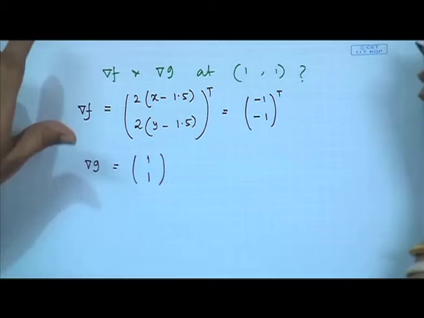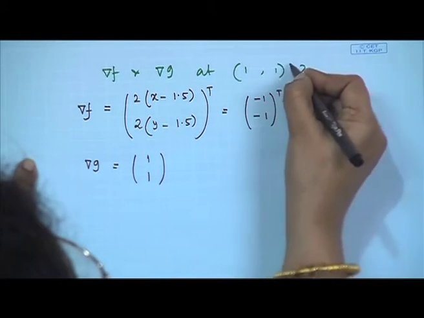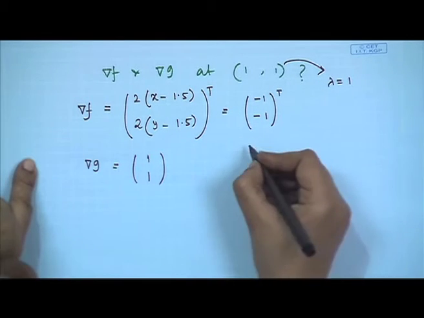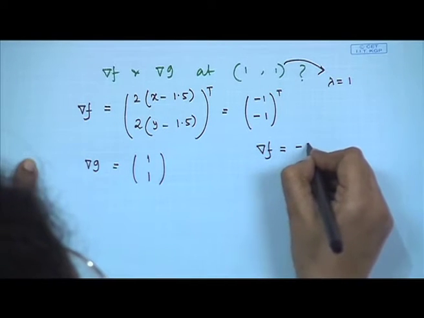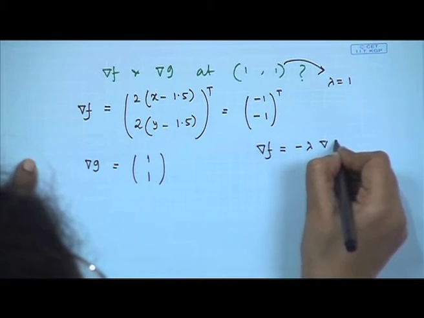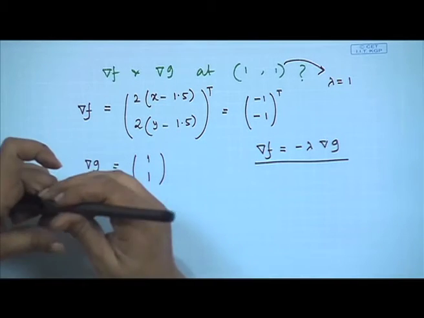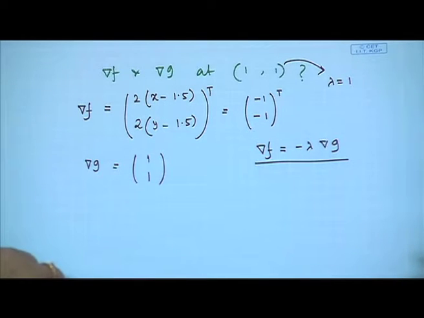This is not dependent on the value of x, but at this point we got lambda equal to 1. That is why we can check that grad f is equal to minus lambda grad g, and that is coming very easily. Now, this is the answer of this question.